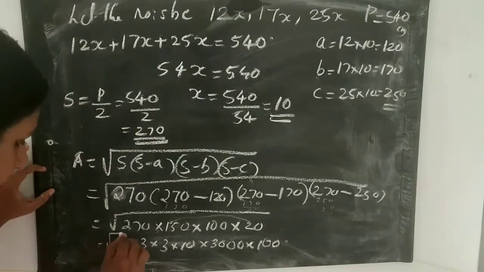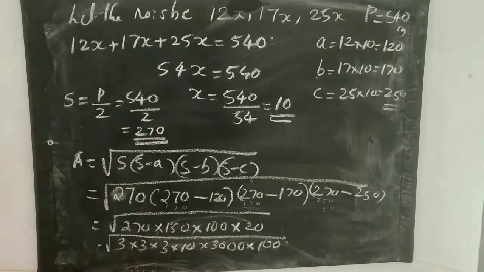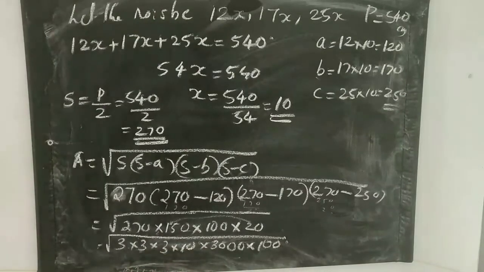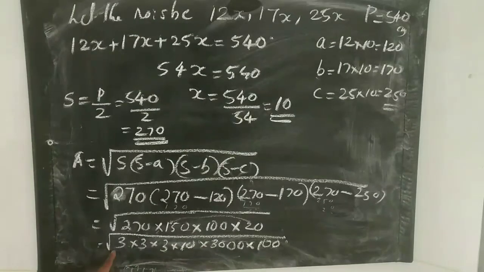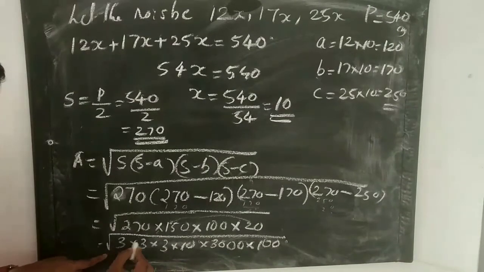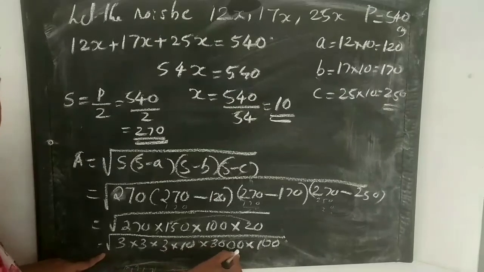From this we get the answer. See, children, here 1, 2, 3, 4, four 3s are here. This 3000 is 3 into 1000, isn't it?